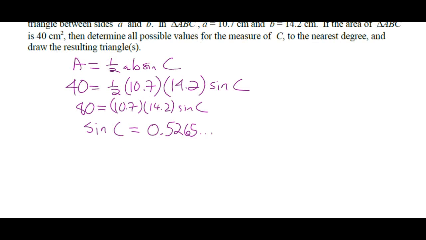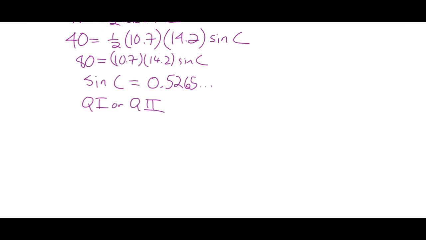Okay, we know that we want a quadrant 1 or quadrant 2 angle, right? Because C is between 0 and 180. So Q1 or Q2. And that matches, right? If that came out as negative, we'd be in trouble. So if you got a negative there, you know something's wrong. So what's the reference angle for C?